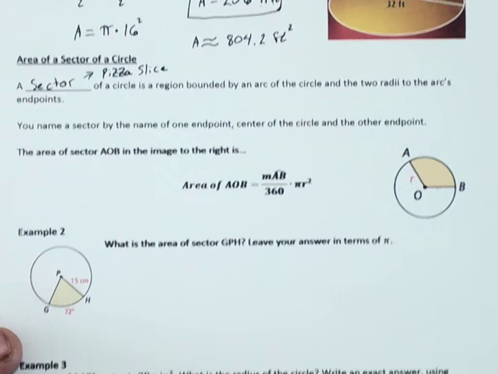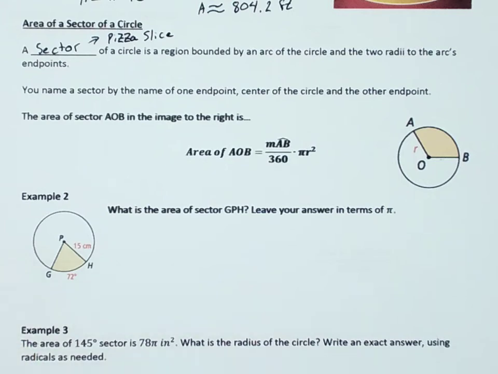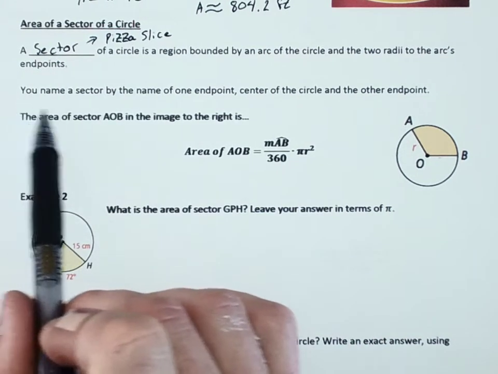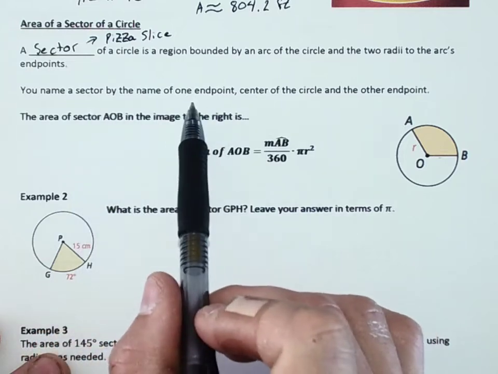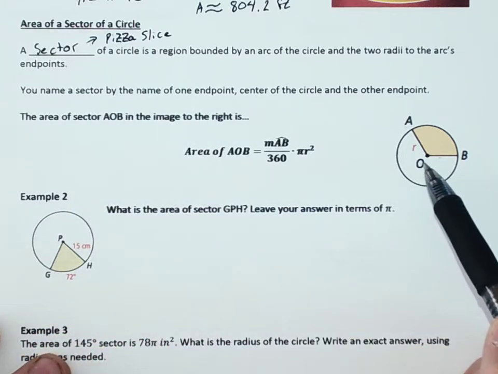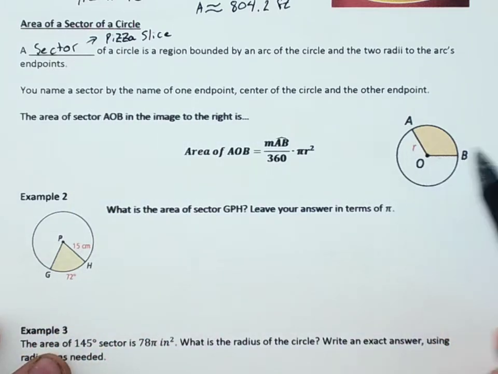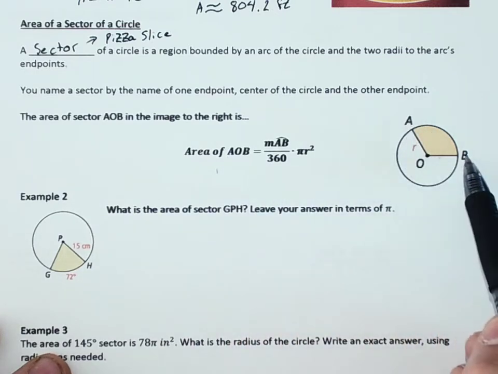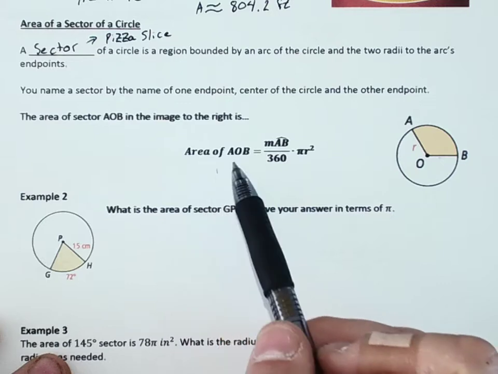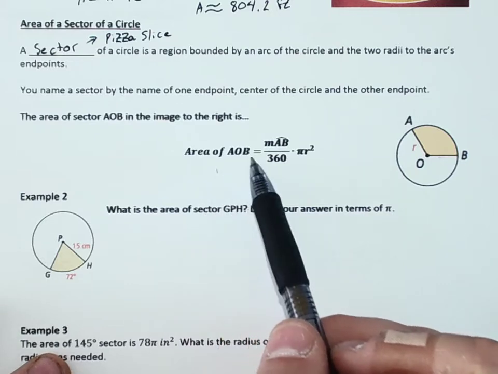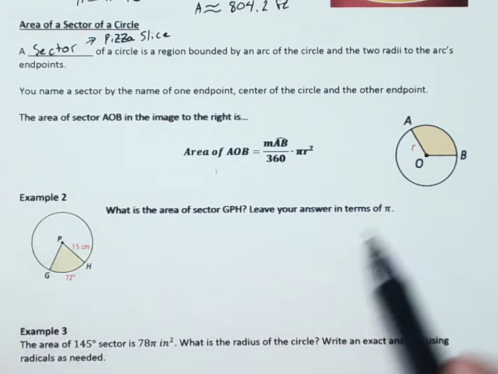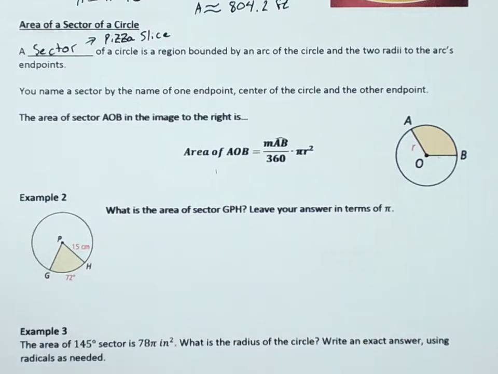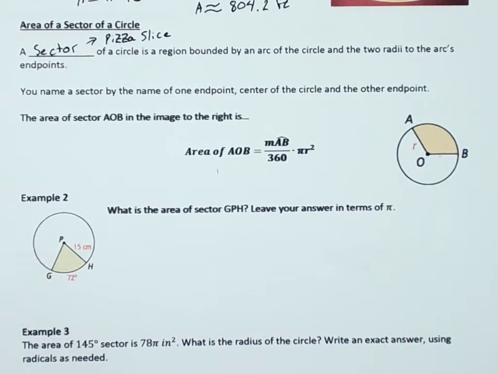So how do I find the area of that pizza slice? Well, first off, you name a sector by the endpoints and then the center of the circle. So this sector here would be called sector A-O-B. The area of sector A-O-B is going to equal, basically, you have to find the percentage of the entire circle.